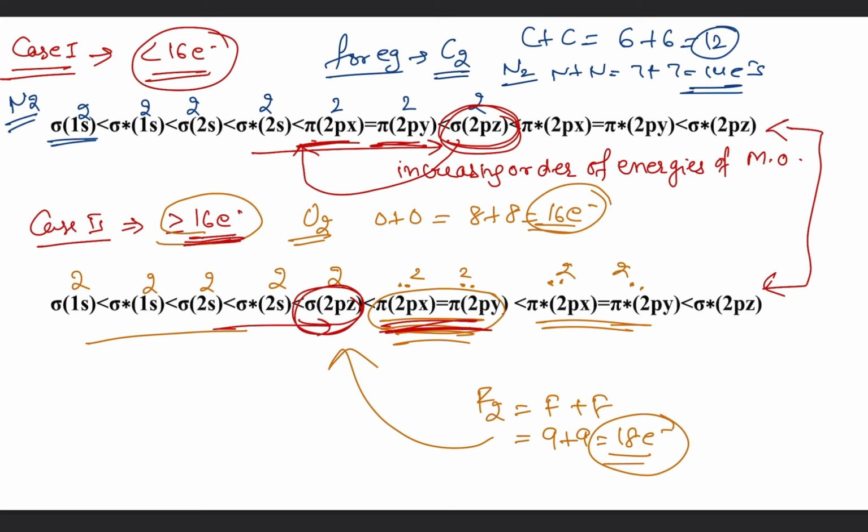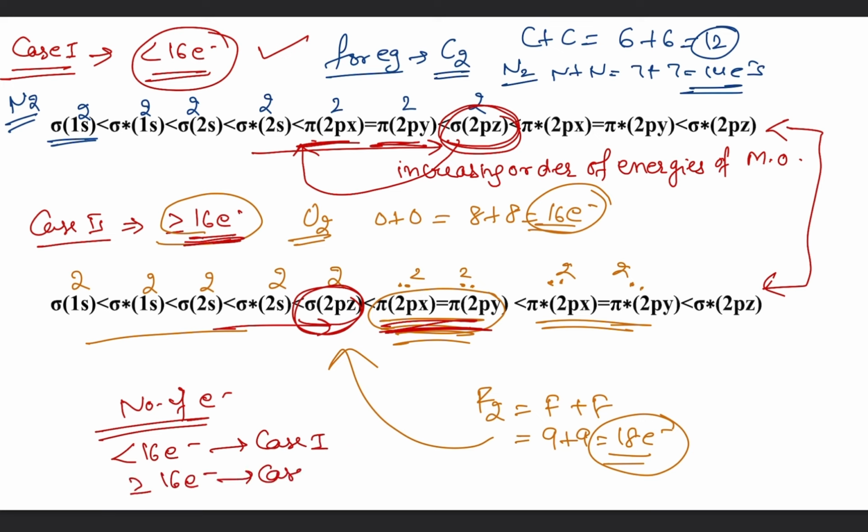So you have to learn how to fill the electronic configuration. Just remember, you have to calculate the number of electrons. If it is less than 16 electrons, case 1 will be followed. If it is greater than or equal to 16 electrons, then case 2 will be followed.